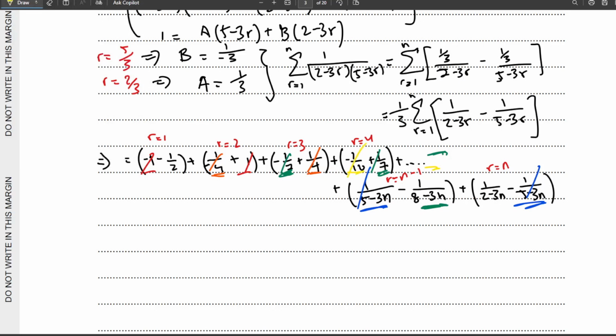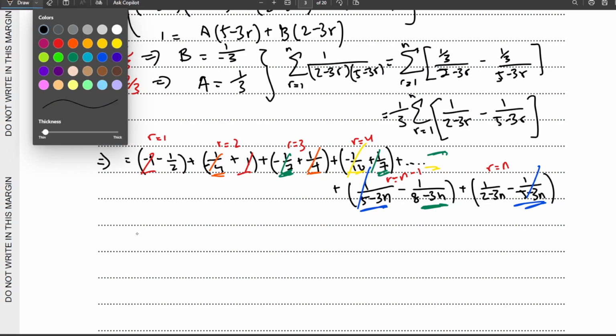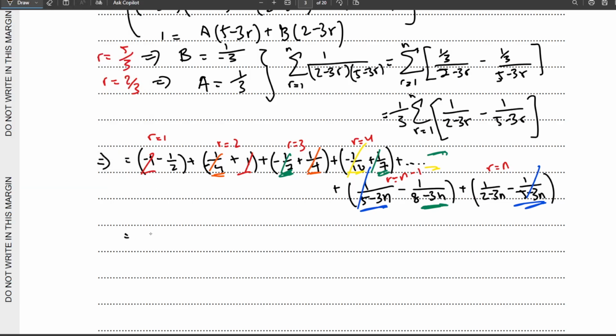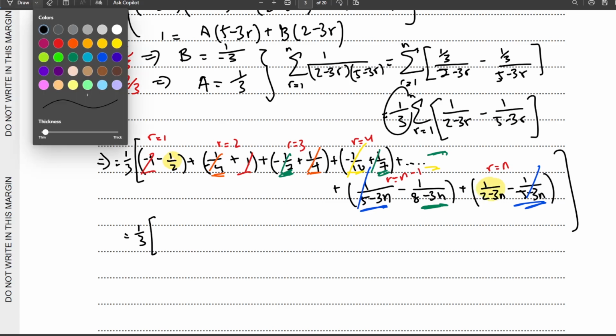Okay, so what we're left with, if you have done the cancelling carefully, the 1/3 is still in front of the whole thing. So the multiple, don't forget it. You have a 1/3 in front, and then you're left with just this one, 1/2, and then this one, 1/2 minus 3n.